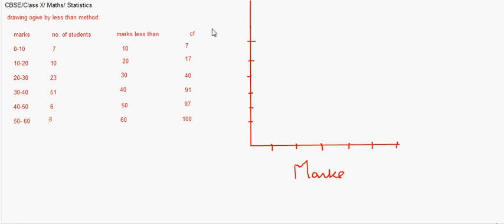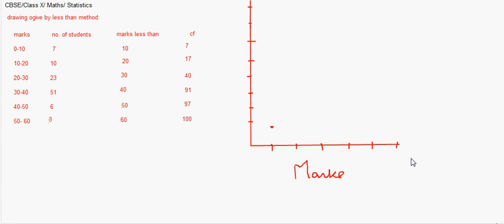I'm just explaining the method to you. You can do it by yourself. And then you plot the combinations. Less than 10 marks, this was maybe 7 somewhere here, and then you keep plotting 10, 7; 20, 17; 30, 40; 40, 91; 50, 97; and 60, 100. After doing so, use your free hand.